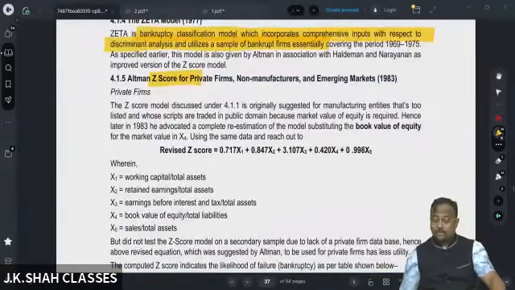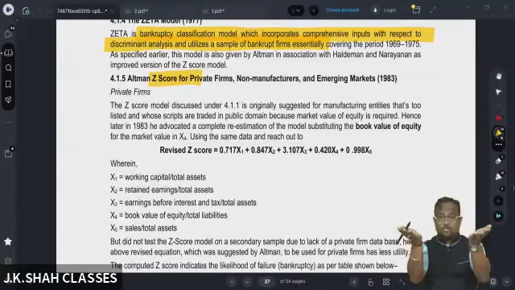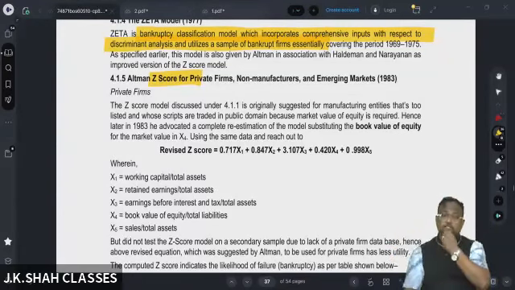Then there are private firms, non-manufacturing, emerging markets. Pair match sample firms means comparative analysis. You consider two firms together and do the comparative analysis.